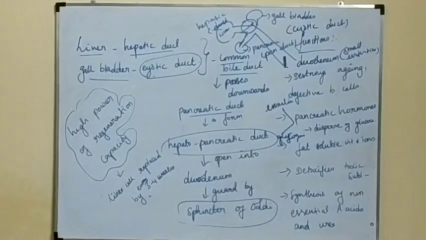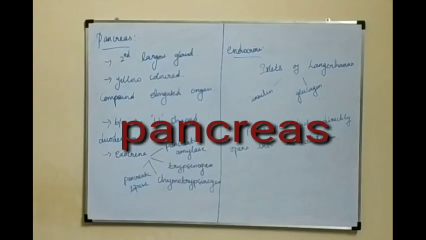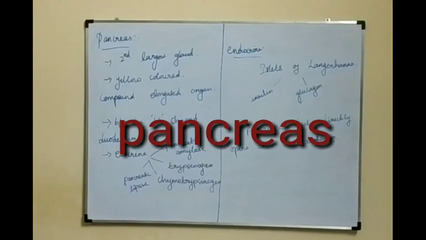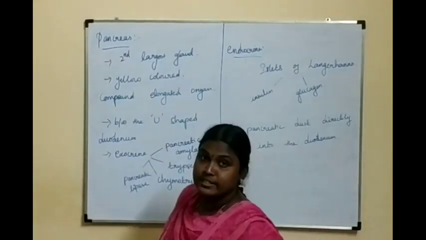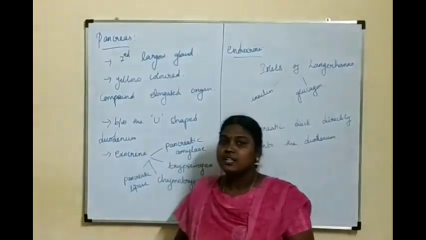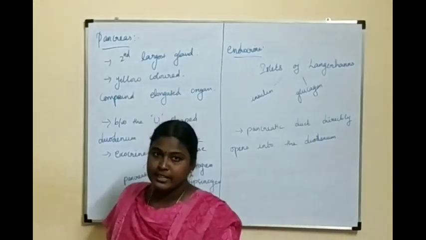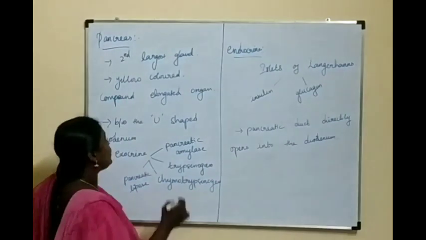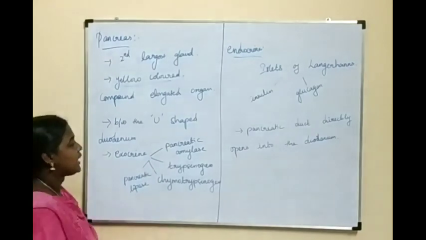The liver is the largest digestive gland. Okay, the second largest gland is the pancreas. So which one is the first largest gland among the digestive glands? It is the liver. So the pancreas is the second largest gland. The pancreas is yellow in color, and it is a compound elongated organ.